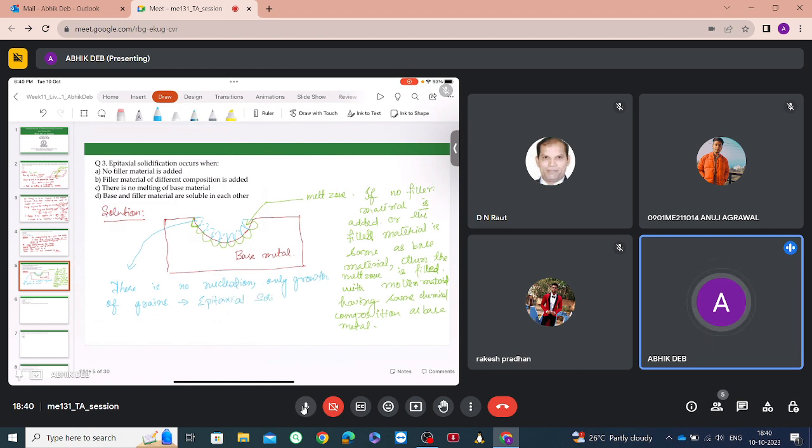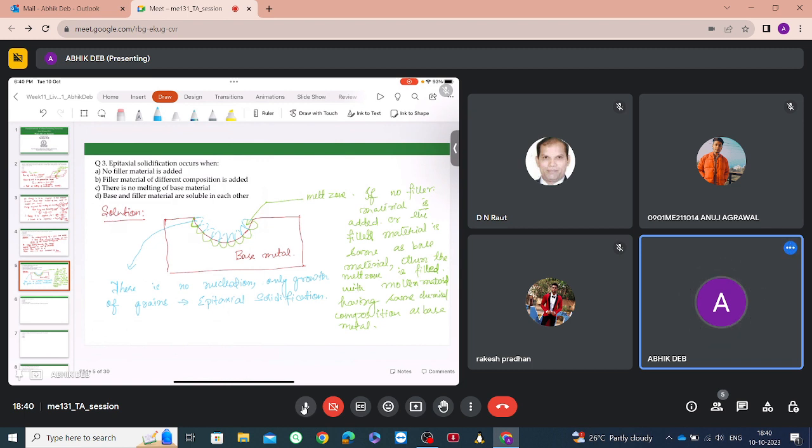So this is possible only when in the melt zone the chemical composition of the molten material is same as the base material. Because if the chemical composition is different, suppose the base metal was of iron. Now if here in the molten region iron and say nickel both are present, then nickel will start to form different grains and iron will start to form different grains.